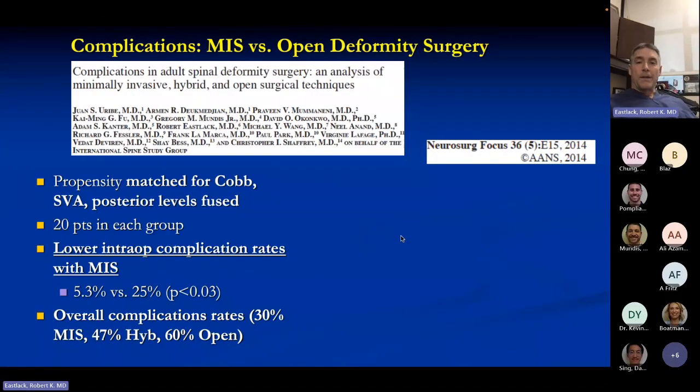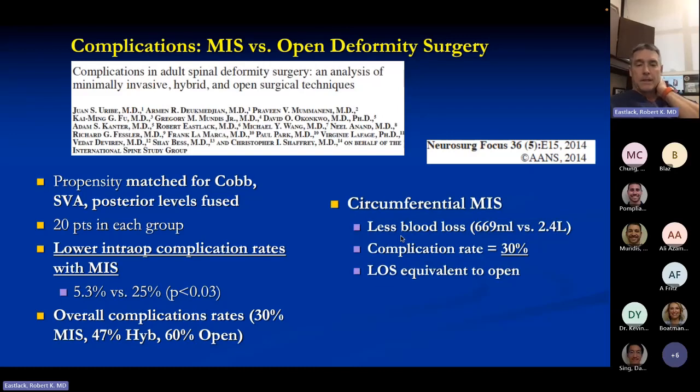Complications, when you look at MIS versus open deformity surgery, and this is another paper looking at 20 patients in each propensity match group. And there were lower intra-op complication rates that you see here, but the overall complication rates were not statistically different. Again, 20 patients in each group doesn't provide for a great statistical power, but nonetheless something to be scrutinizing in the future.